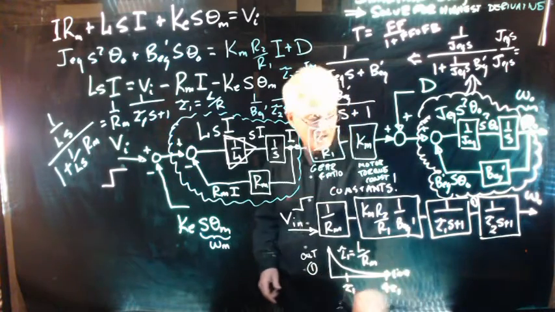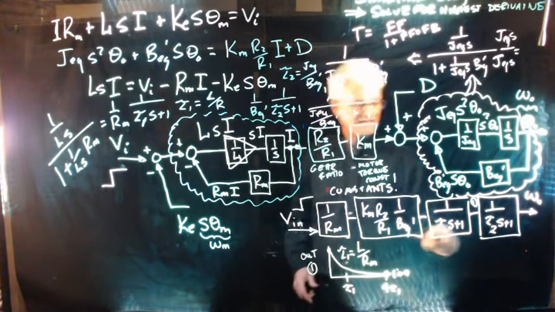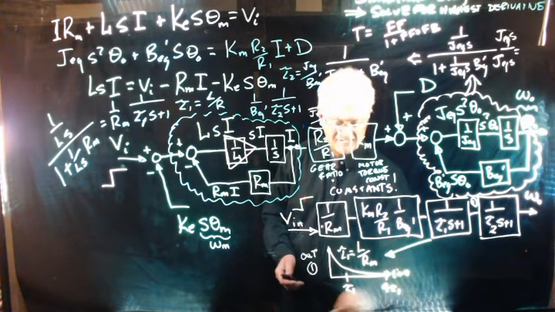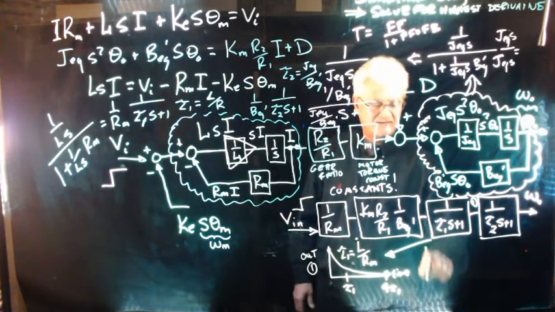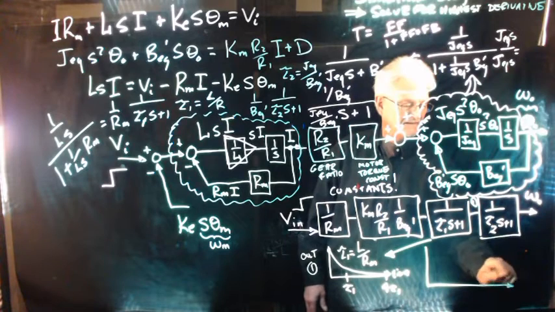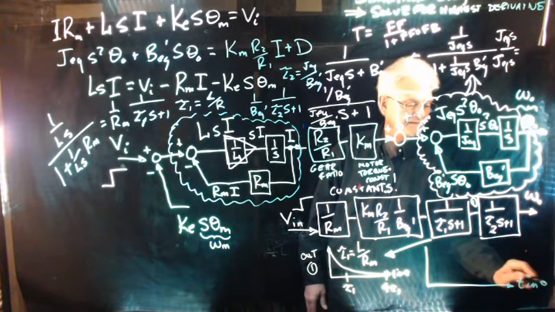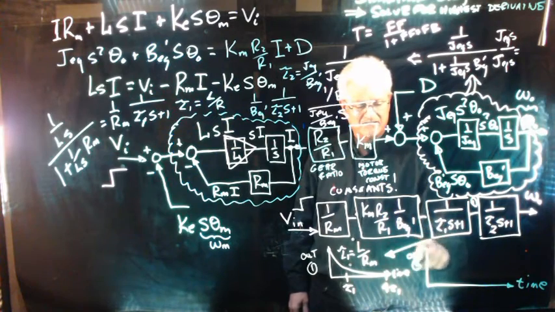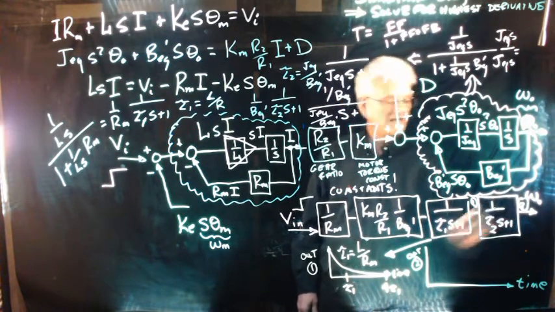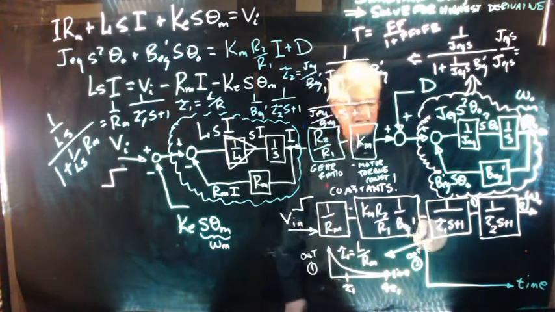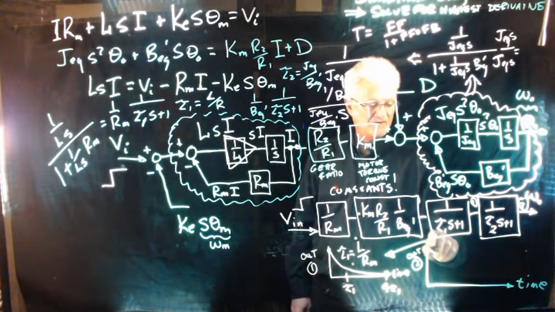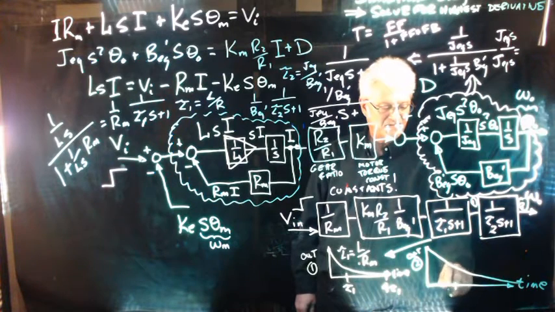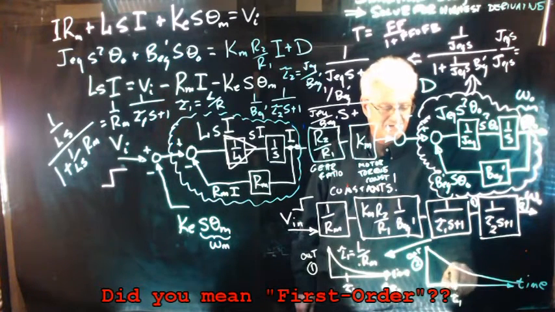And so now I'm also going to do this one. This guy over here, this is time. Then this is out 2. Okay, so I'm going to compare these two things, and this is also no more than a first order response where this is the time constant tau 2.